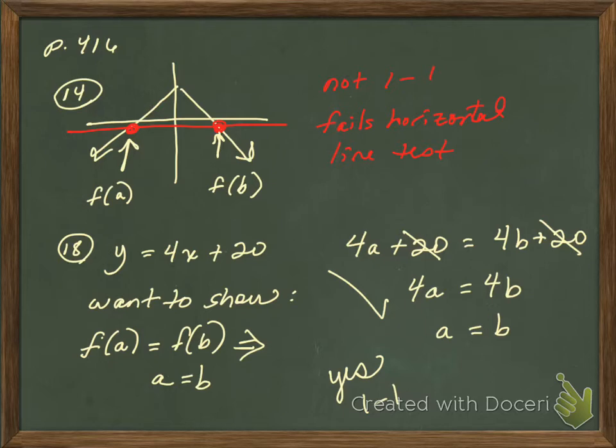Okay, another one. Let's take a look at number 19 in your book. y equals the square root of 36 minus x squared.